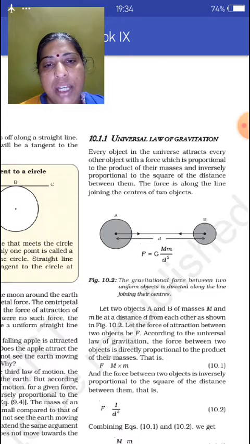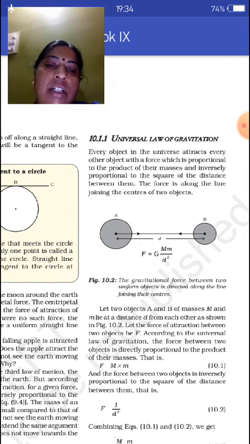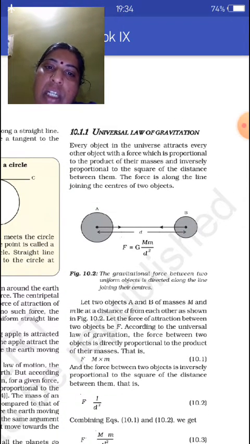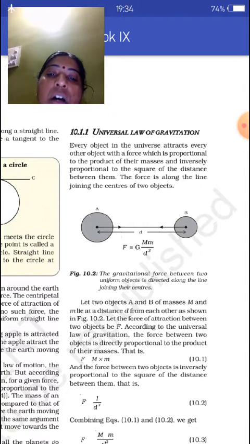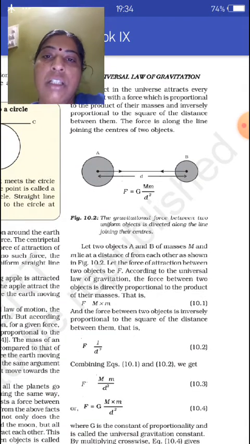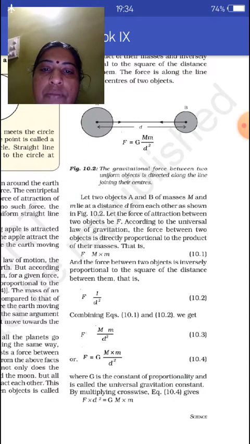Here are two objects, M1 and M2, A and B. So F is equal to G M m upon d square, where d is the distance between the two objects, capital M is the mass of one object and small m is the mass of the other object, where G is a universal constant.